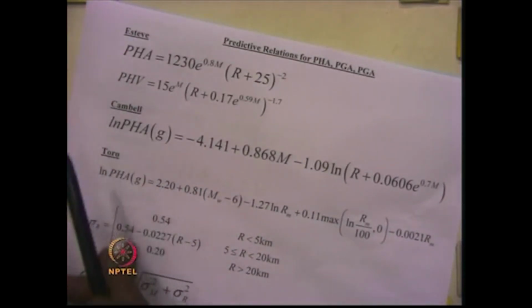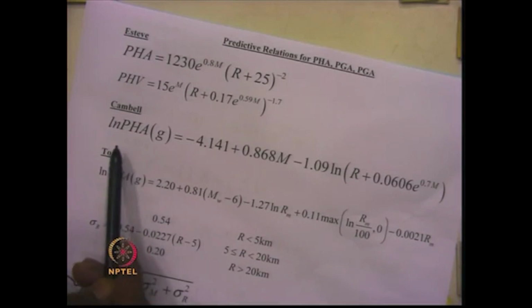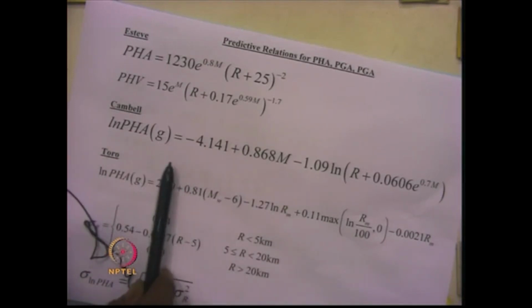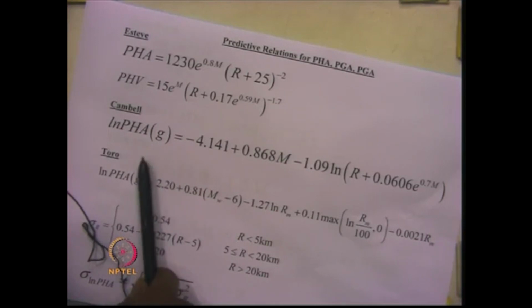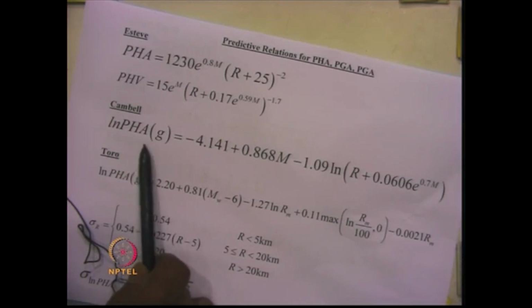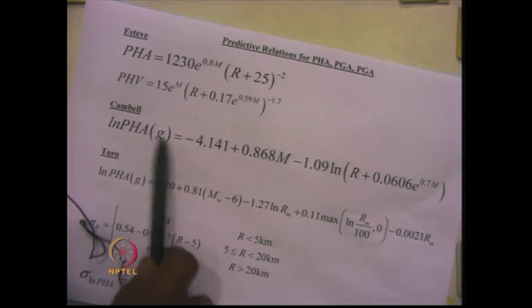Similarly, Campbell gave another predictive law for the peak horizontal acceleration, and that was from the data set that he analyzed, and there the PHA is given in terms of the g unit.